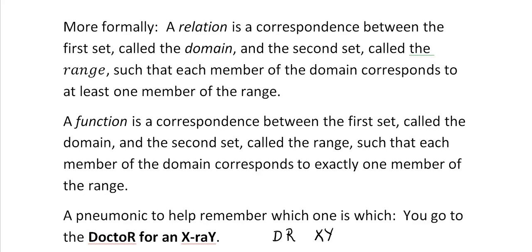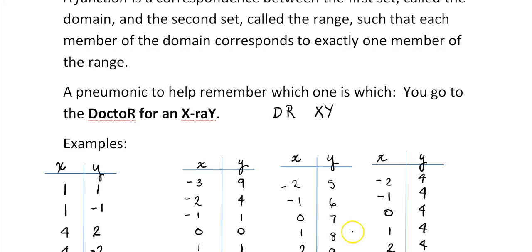You go to the doctor for an x-ray, and the D goes with the X, and the R goes with the Y. If you don't care for that method, you can always think about domain and range in alphabetical order, and your X and Y are also in alphabetical order. So the D goes with the X and your R goes with the Y. Same result ultimately.